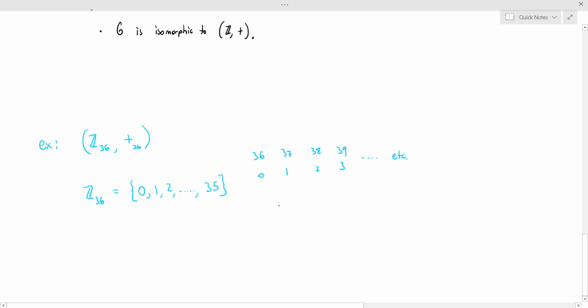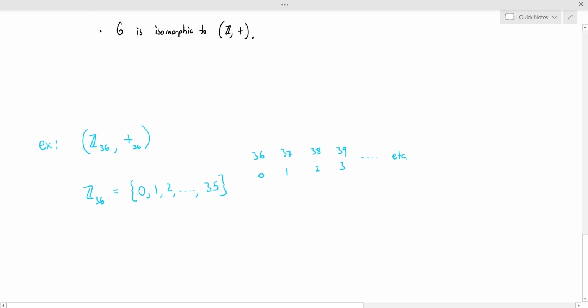So you could say 36 is equal to 0 modulo 36. You might see this kind of notation sometimes. All right, but that's the idea of this group. And the group operation is addition.